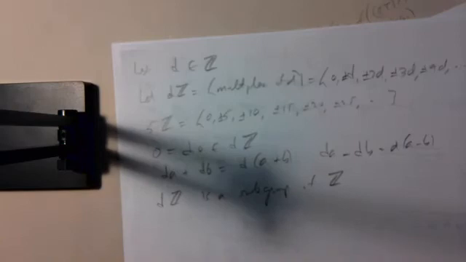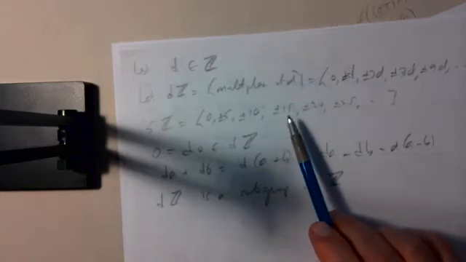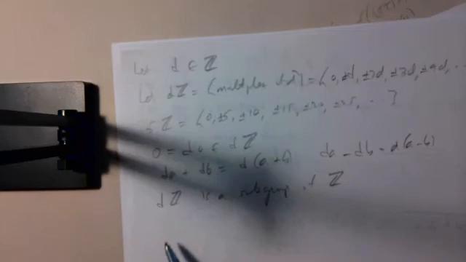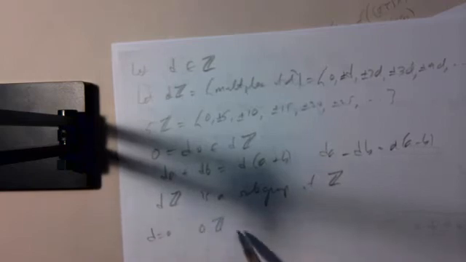So just as the set of even integers is a subgroup of Z, the set of all multiples of 5 is a subgroup of Z, and for any number D, the set of all multiples of D is a subgroup of Z. Even D equals 0. What is 0 times Z?